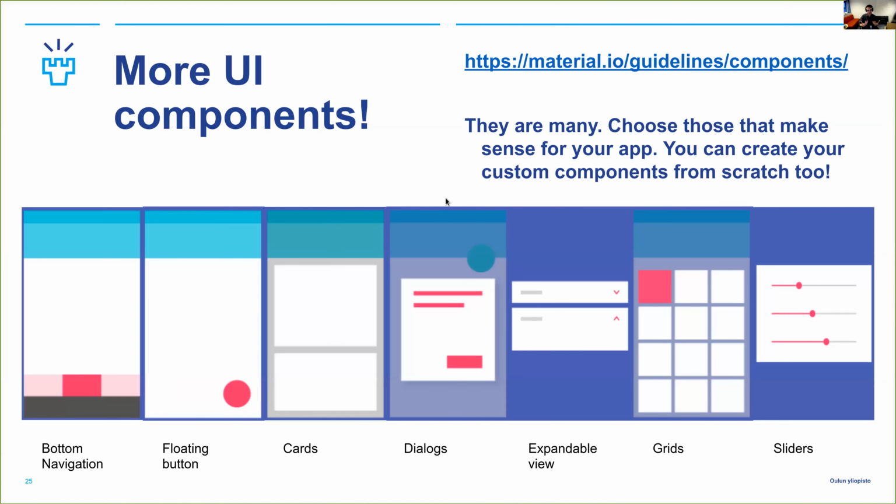So there are various UI components that you can use and cherry pick. There's a link right here that you can use to see a gallery of all the components that you can use to make your application interface. So you have bottom navigation, you have floating buttons, cards, dialogues, expandable views, grids, sliders, and many more.